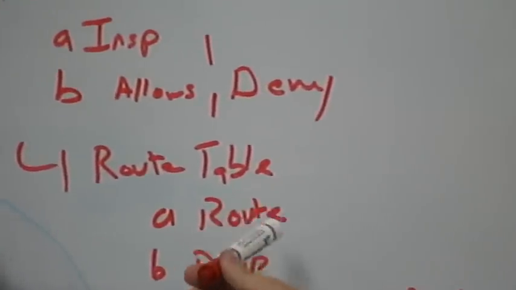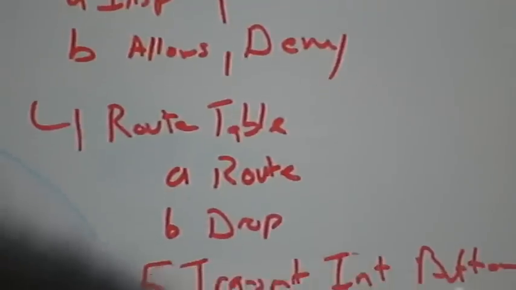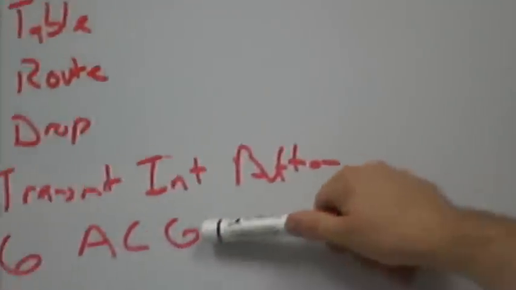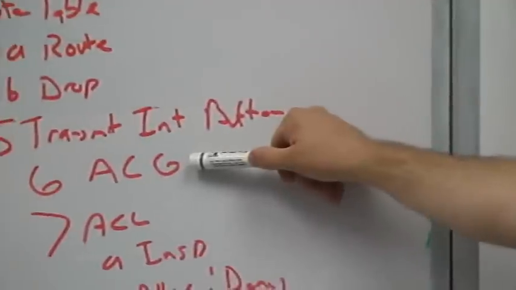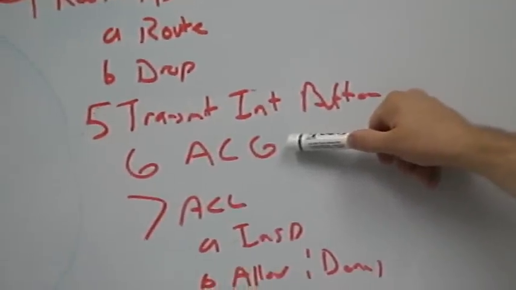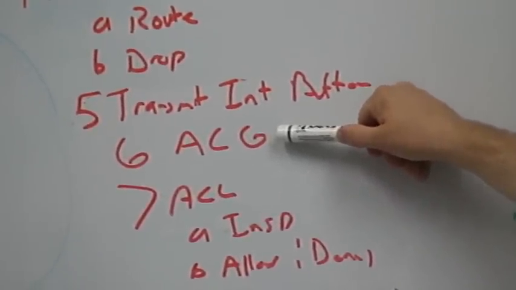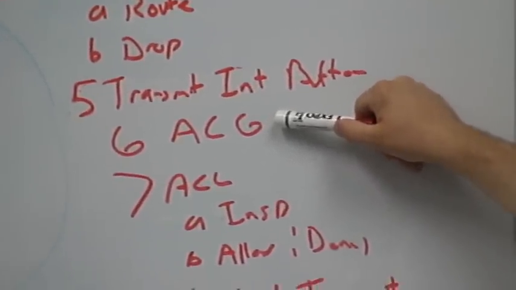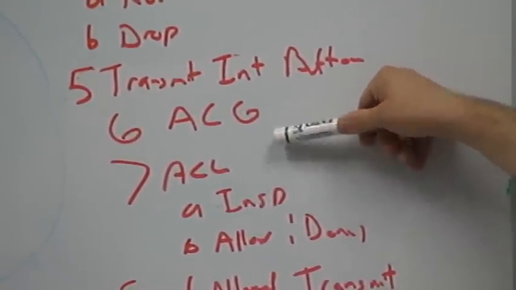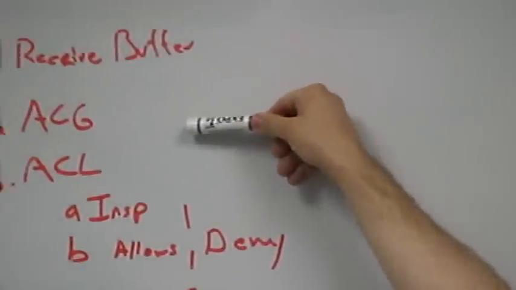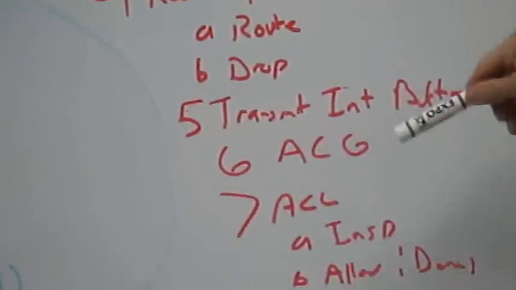Once it goes to the transmit interface, it sees if it has an exit access control group, which acts as a pointer to another access list, if that access list exists. If this access list doesn't exist and this access list doesn't exist, these steps are just skipped.